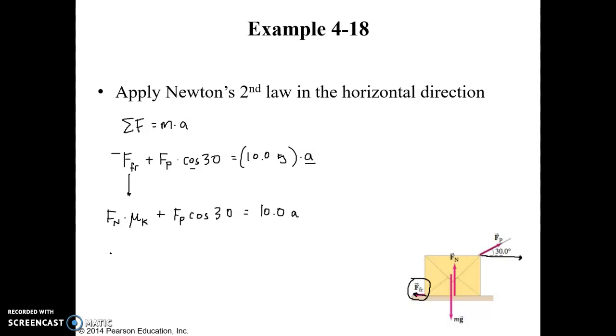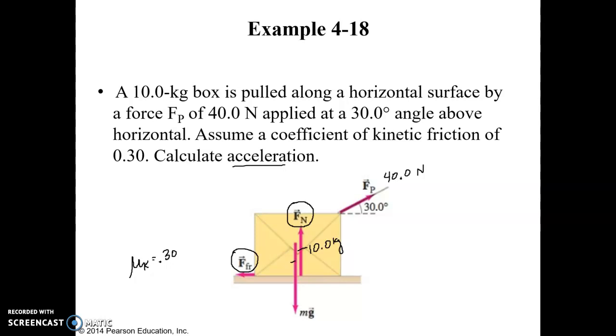Just drop the units out. Okay, so the normal force. We just calculated the normal force, and it was 78.0. The coefficient of friction, I believe, was given in the problem statement. It is 0.30.